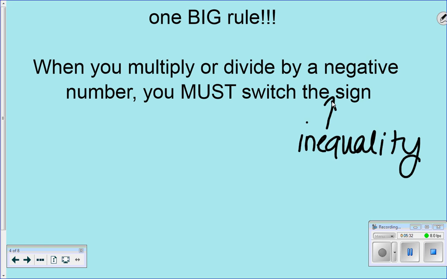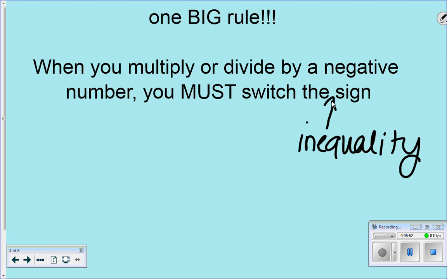It thinks that after 0 it starts at the next highest number, like a billion, you know what I mean? It thinks it starts at a high number. It doesn't understand that the number line actually flips, so it keeps thinking it's high numbers over here. That's why we have to flip the sign.